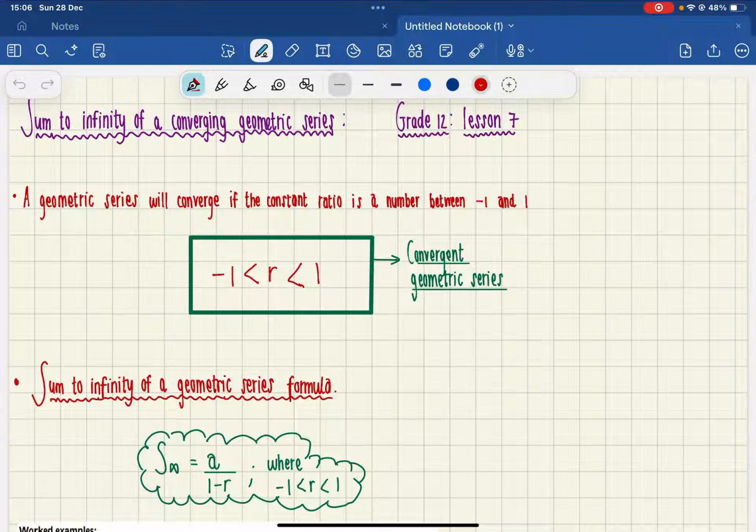But what makes this different is that we aren't able to calculate the sum to infinity unless we meet a specific criterion, and this criterion means that our constant ratio has to be a value anywhere between -1 and 1. Then we can calculate the sum to infinity.